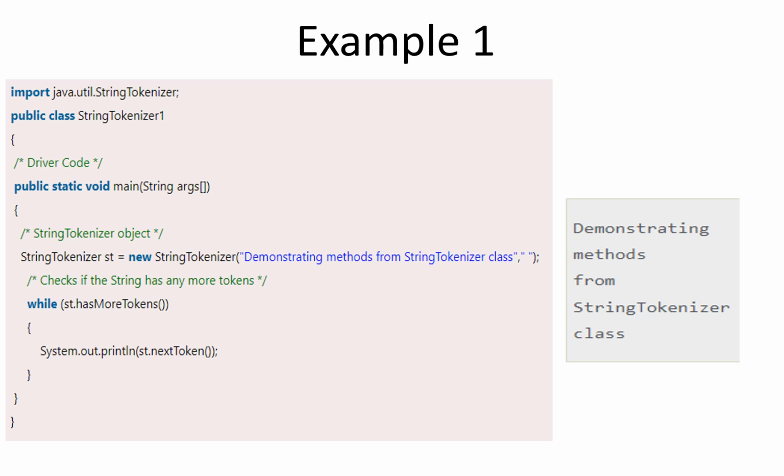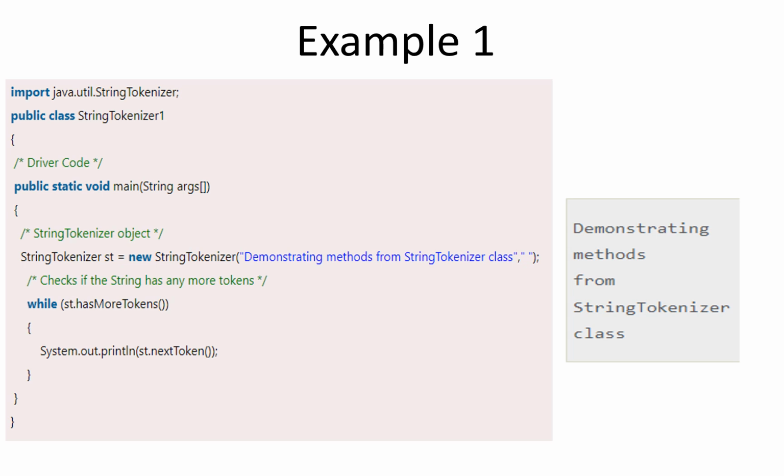This is any user-defined name, but it should be a valid identifier. Then the dynamic memory allocation operator new, and the constructor. In the constructor, what are we giving? "Demonstrating methods from StringTokenizer class", which is a string, comma, delimiter. So it is a parameterized constructor with two arguments, one is the string itself, another one is the delimiter.